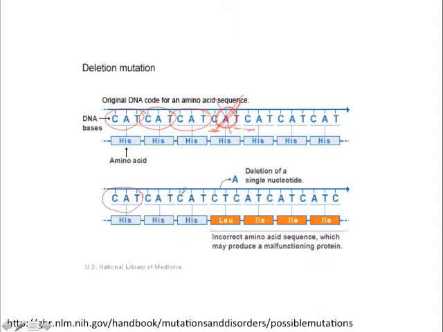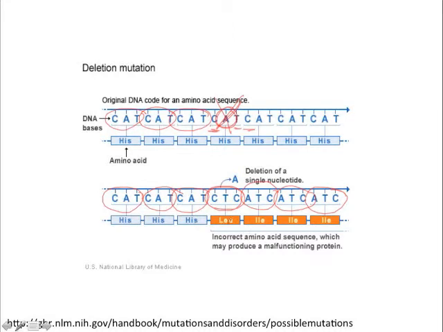So our triple is CTC. Our reading frame has changed. So now we're reading different things, and we're creating leucines, isoleucines, etc. And that can be a much bigger change in terms of your protein.